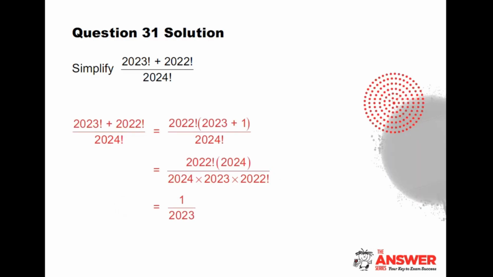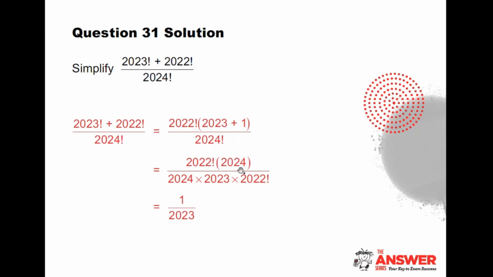So what do we do? Okay, we take out a common factor. Because what does 2023 factorial mean? It's 2023 times 2022 times 2021, etc., which is 2023 times 2022 factorial. So if we take out 2022 factorial, we're left with 2023 plus 1.